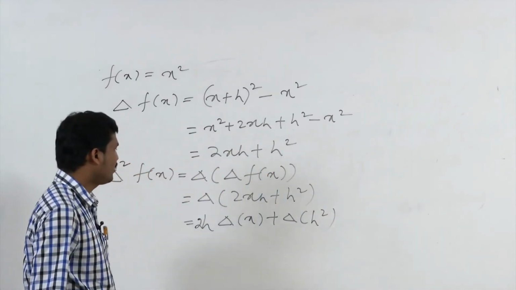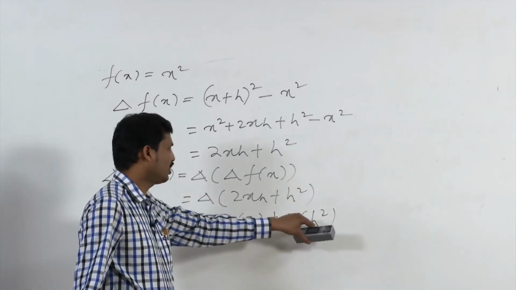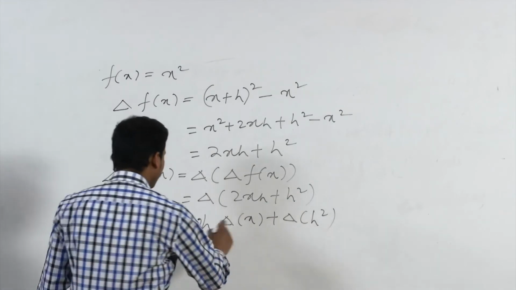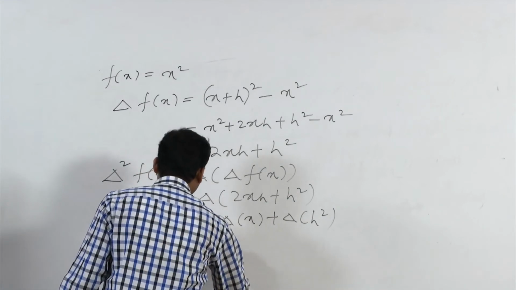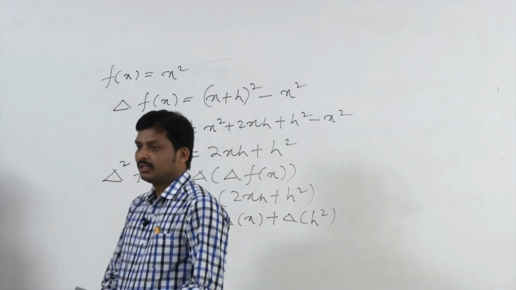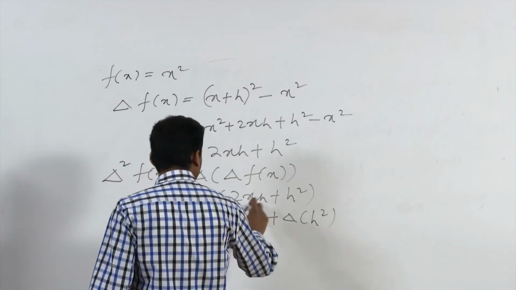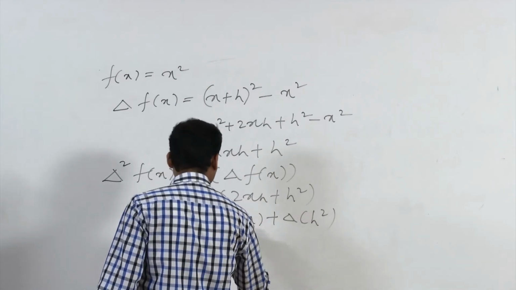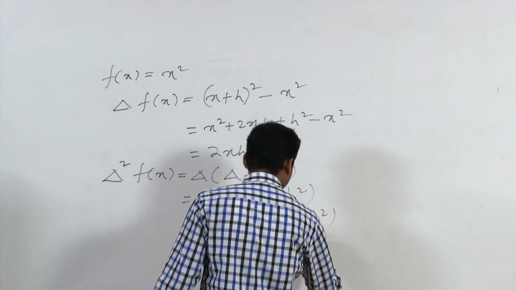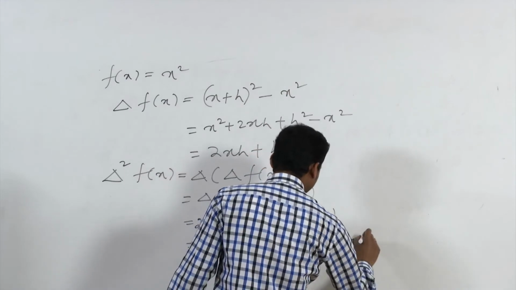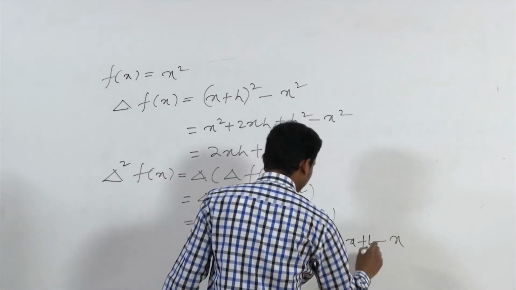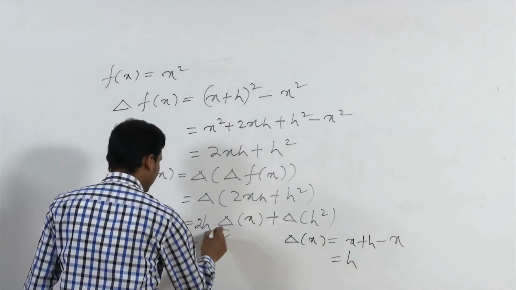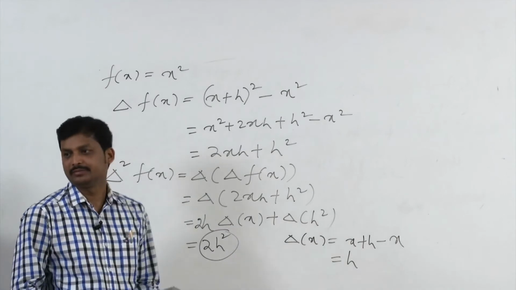We have already obtained that delta operated on a constant function gives 0, so we can write this as 2h square, since delta of x can be written as x plus h minus x, which is h. So, the final function is coming as 2h square here.